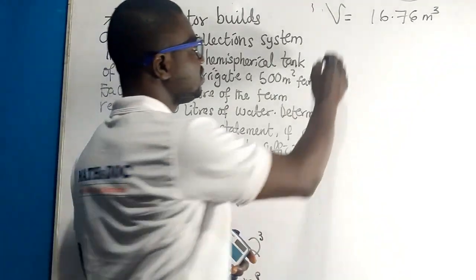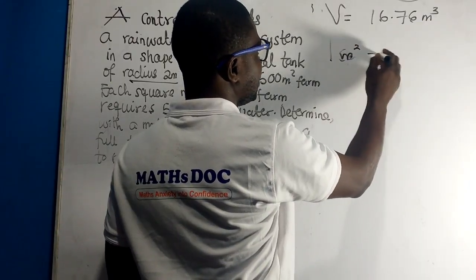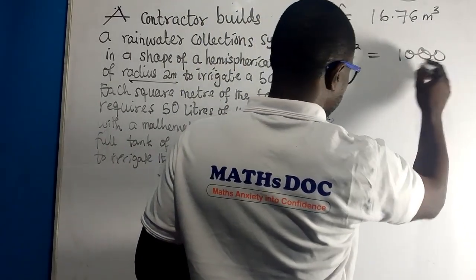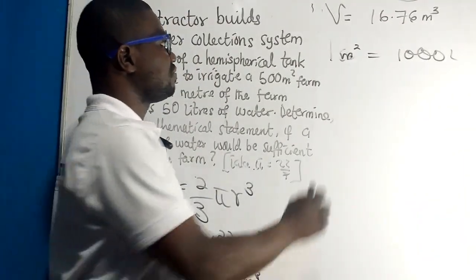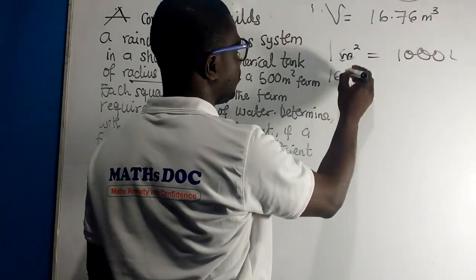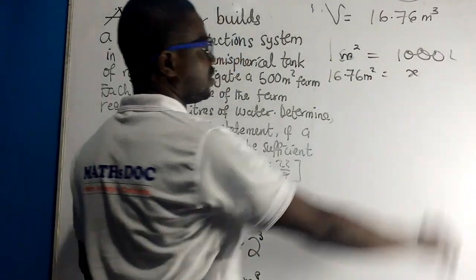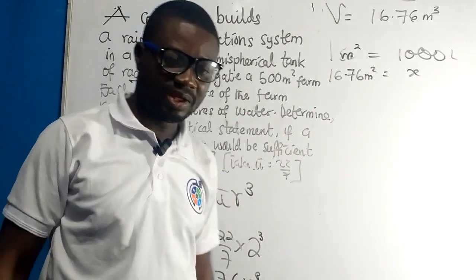So 1 cubic meter is equal to 1,000 liters, right? So if we have 16.76 meter cube, then we have to find the value in liters.